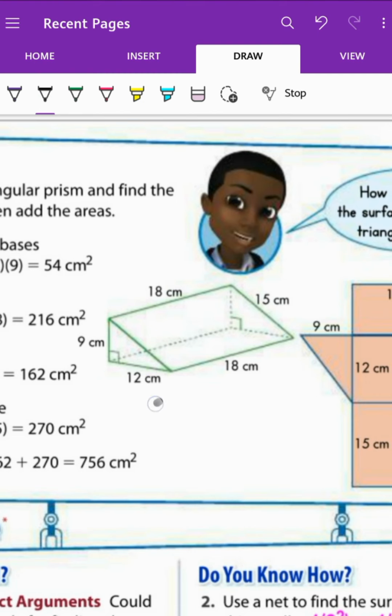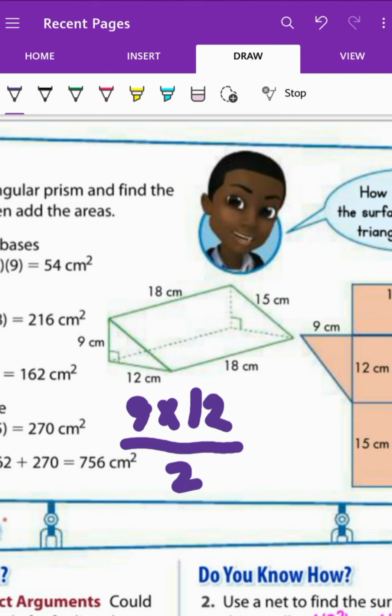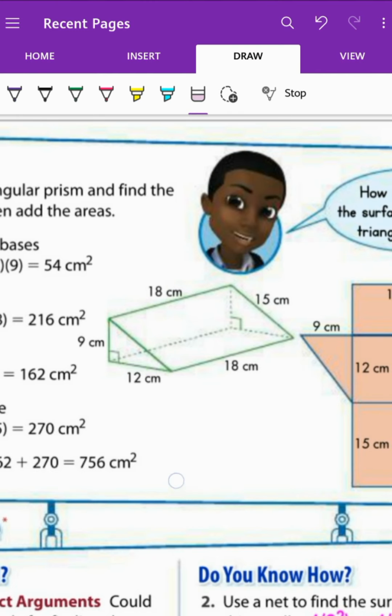So it is 9 multiply 12, base by height over 2. That means it is equal to 108 over 2, which equals 54.